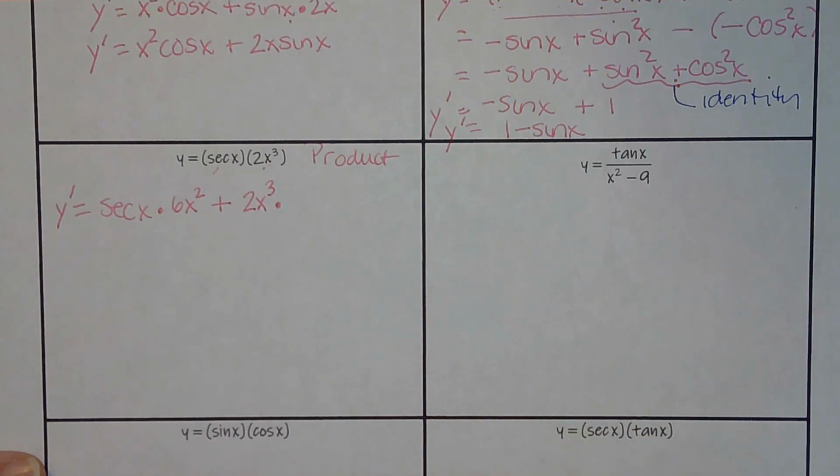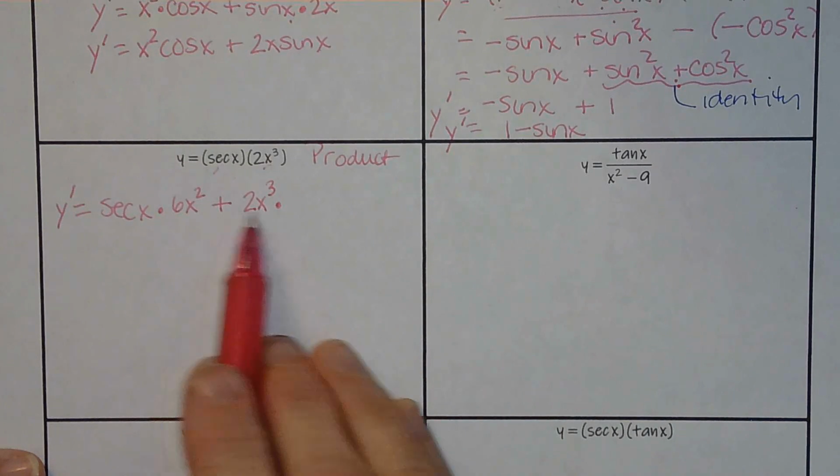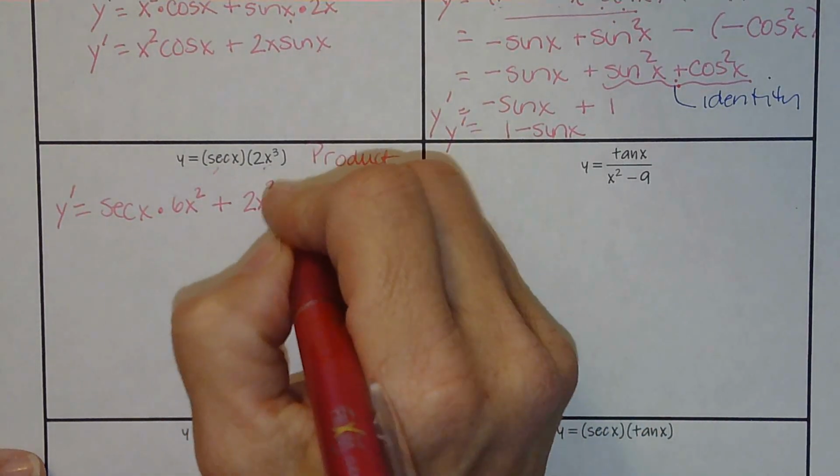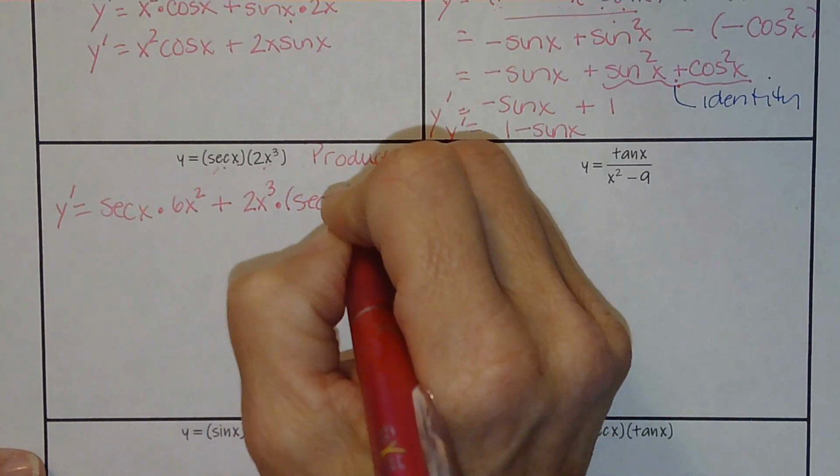Okay, sorry, I digressed. So I have u dv plus v, and the derivative of secant of x is secant of x times tangent of x.